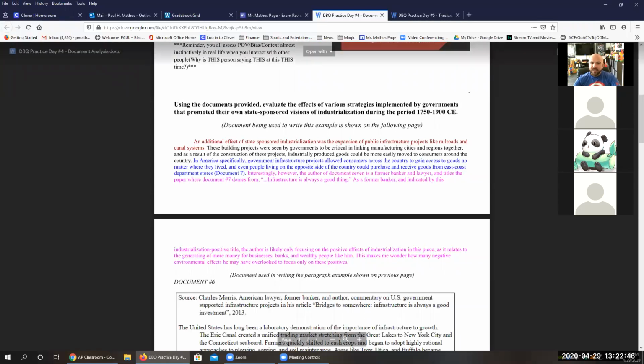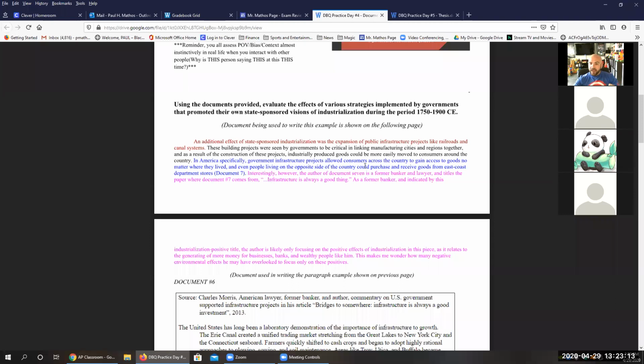Now here is the doc analysis, and it stands out because it's in pink, but it also stands out in how it actually approaches the document. Interestingly, however, the author of document 7 is a former banker and lawyer, and titles the paper where document 7 comes from "Infrastructure Is Always a Good Thing."